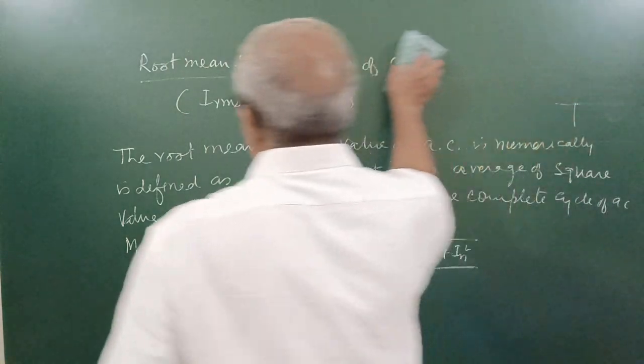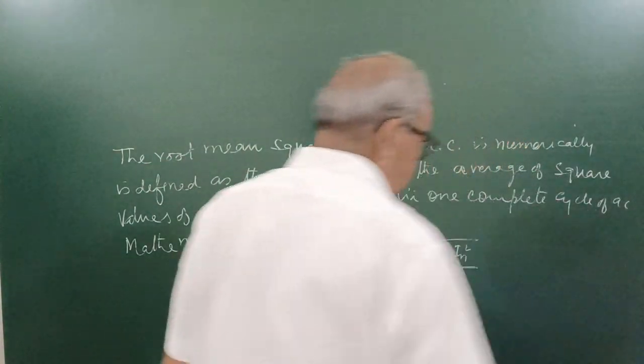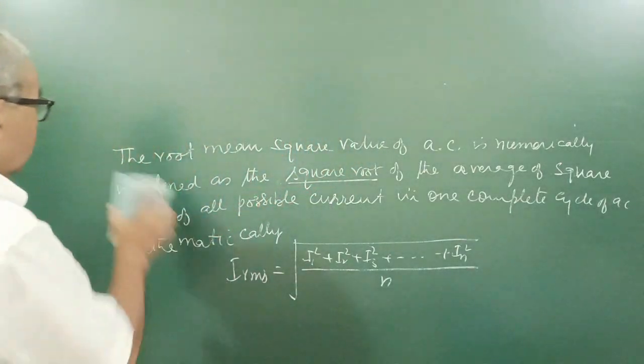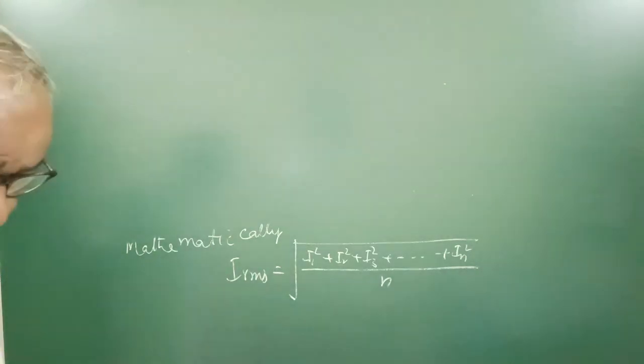But now practically, what is the meaning of this? Practically what is the root mean square value of current and voltage?